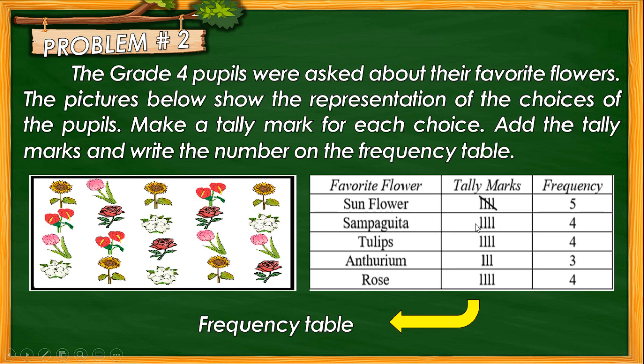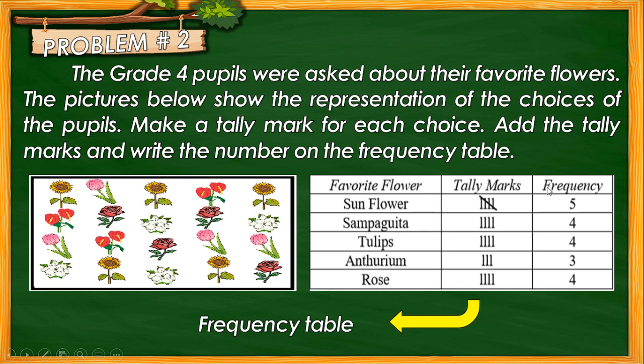So we have 4 sampaguita. Then the numerical value is 4. Tulips, we have 1, 2, 3, 4 also. Then anthurium, we have 3: 1, 2, 3. Then rose, where's the rose? We have 1, 2, 3, 4. So this would be 4.